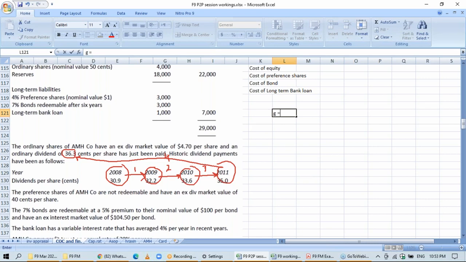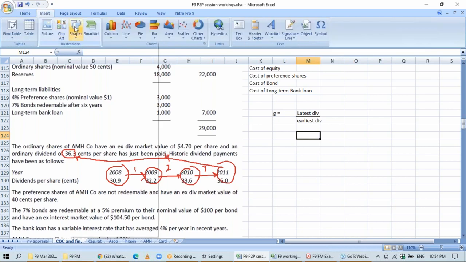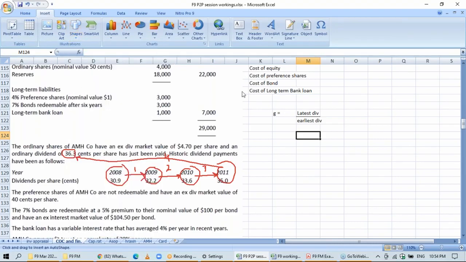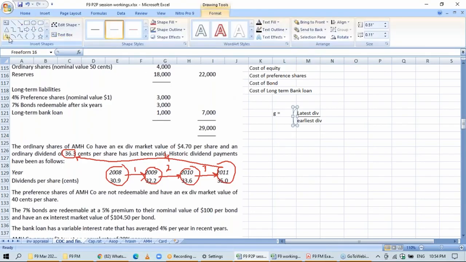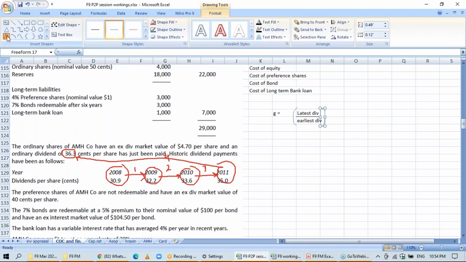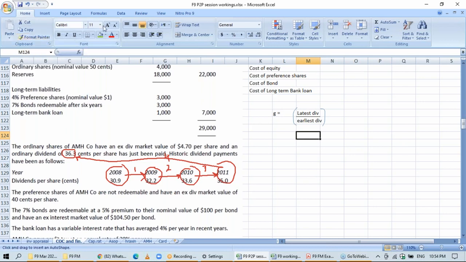So G is the growth rate, and this is equal to the latest dividend divided by the earliest dividend, to the power 1 upon n, which is 4.